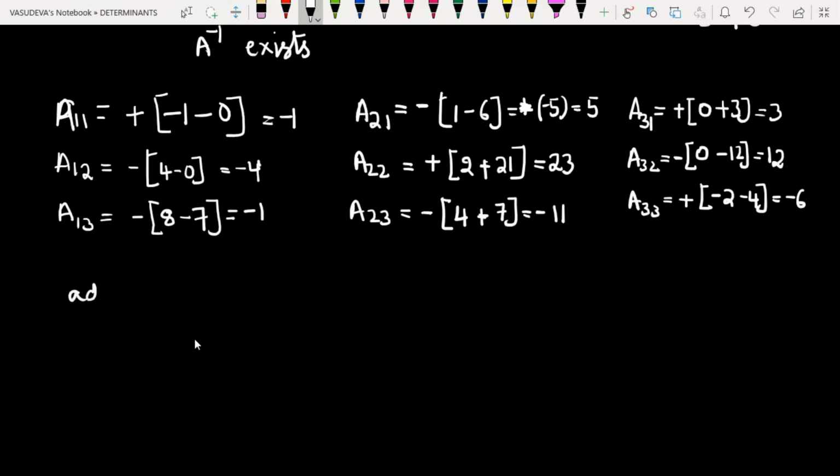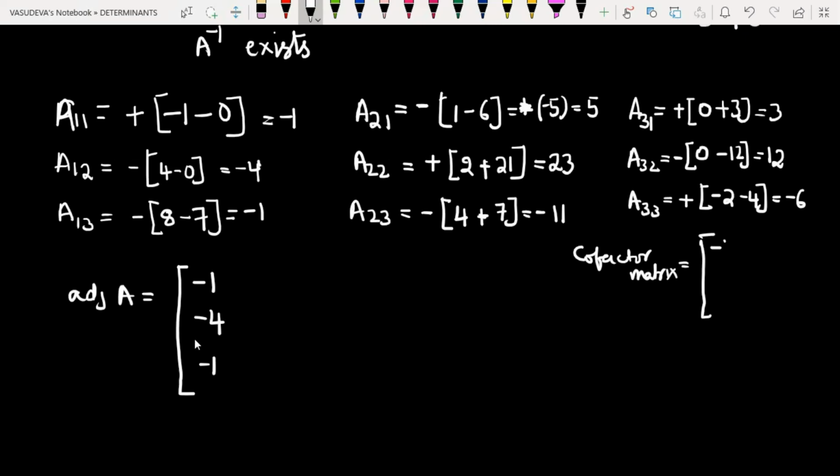Now let's find the adjoint of A. The adjoint of A is the transpose of the cofactor matrix. So instead of writing the elements horizontally, I am writing them vertically. A11 that is minus 1, minus 4, minus 1, because we have to write the cofactor matrix as minus 1, minus 4, minus 1, then 5, 23, 11, and 3, 12, minus 6.